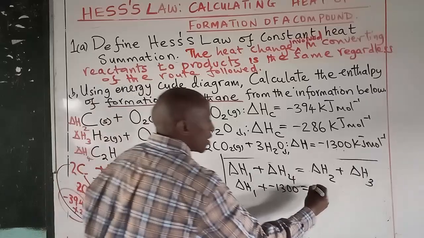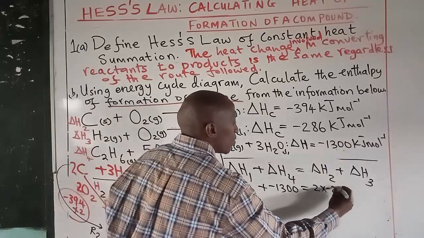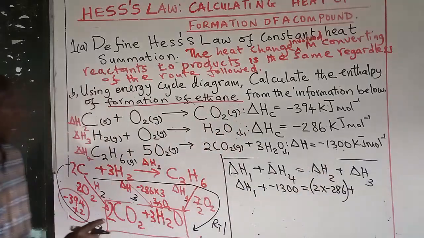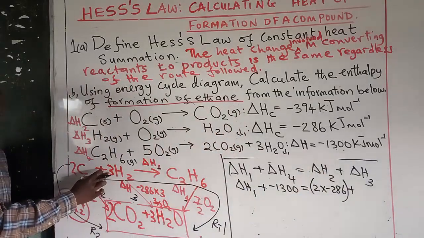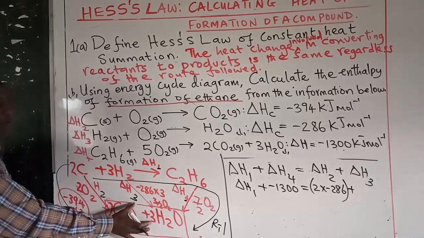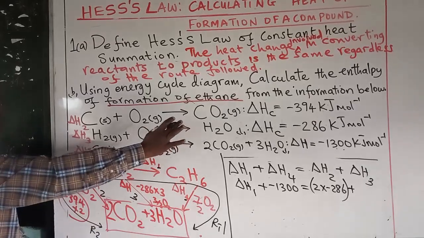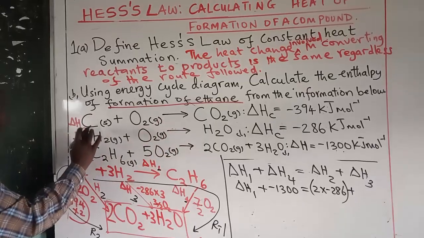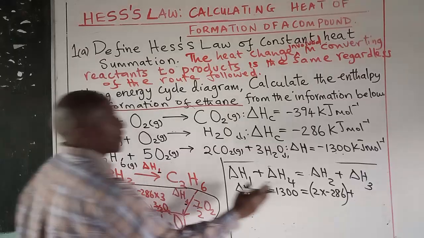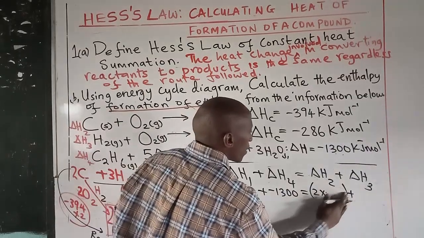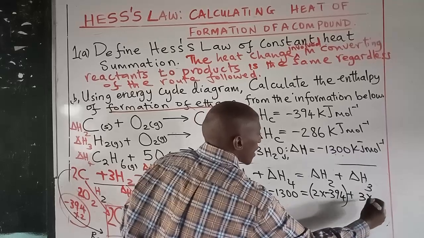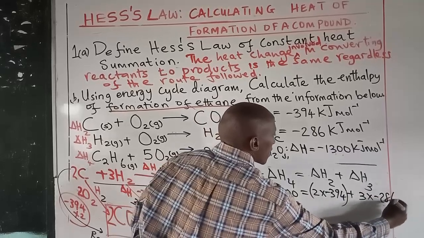So this will be 2 times negative 394 plus, we are combusting 3 moles of hydrogen, so this will be 3 times negative 286.